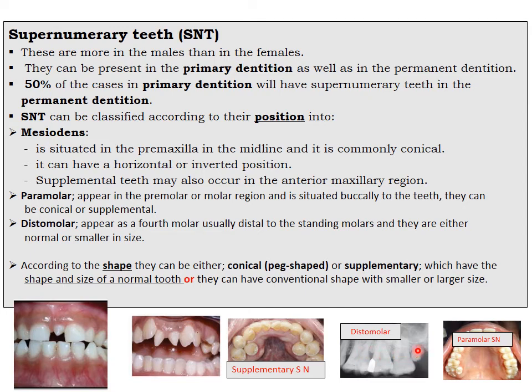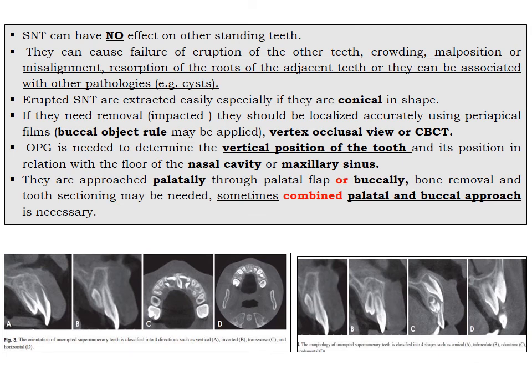Of course, if supernumerary teeth are erupted, dealing with them is very simple by extraction, but sometimes they might present a problem when impacted. Supernumerary teeth usually have no effect on the standing teeth in general, but they can cause many effects.